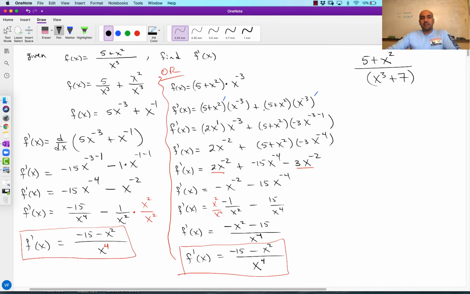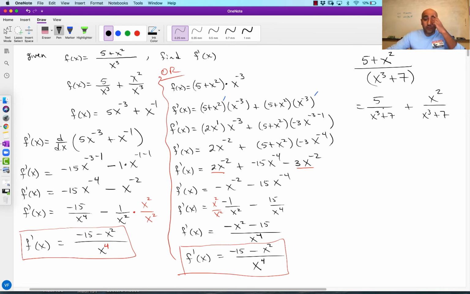Now it's not as easy to separate it into two separate fractions. I mean, we could do that, but then we'd have some ugly things anyway, right? We could separate it and get 5 over x cubed plus 7 plus x squared over x cubed plus 7, but that didn't necessarily make it easier. Now we have something ugly over here, and I don't even know how to simplify that, right? So we can't just ignore the fraction.